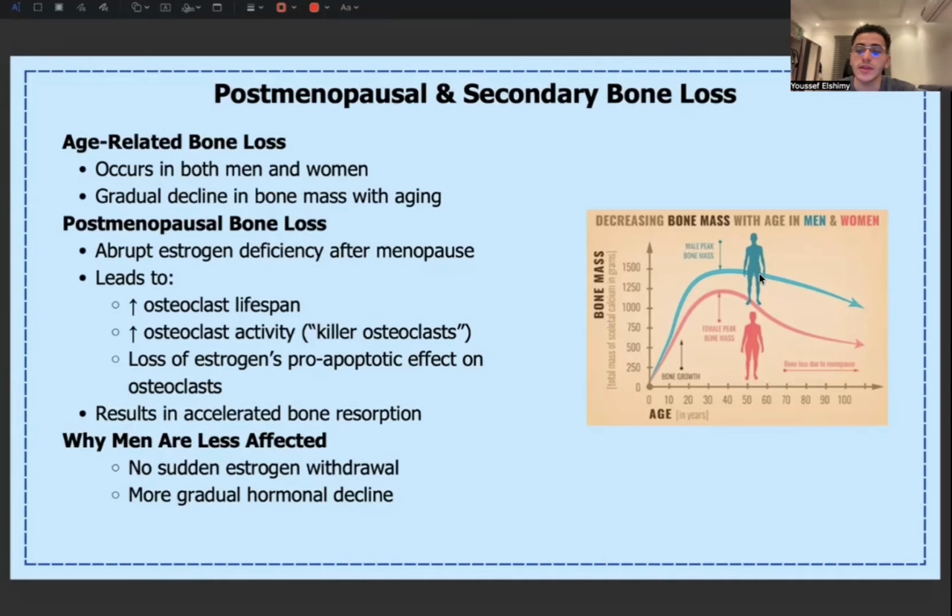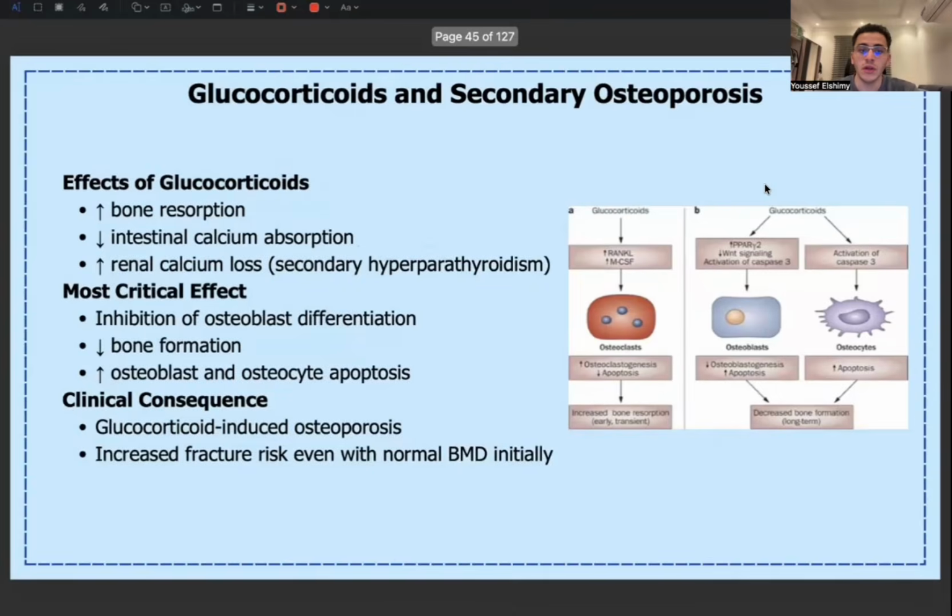On the other hand, males don't have the sudden estrogen withdrawal. So they have a gradual decline because their hormones also gradually decline, not like the women in which a sudden drop of estrogen could lead to bone loss or decreased bone mass.